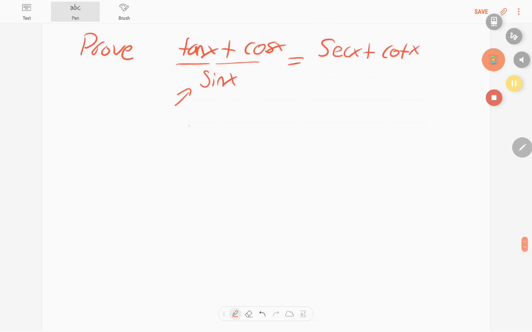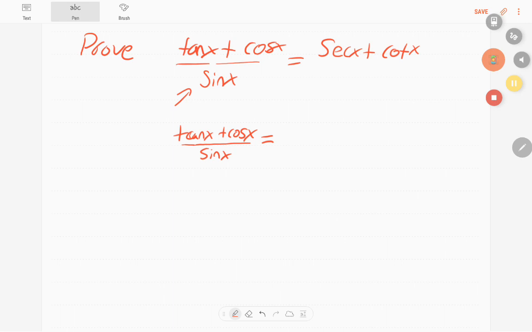So the first thing I will do is put that down again. I'll put down tangent of x plus cosine of x all over sine of x. And I'll say, alright, what does that equal?